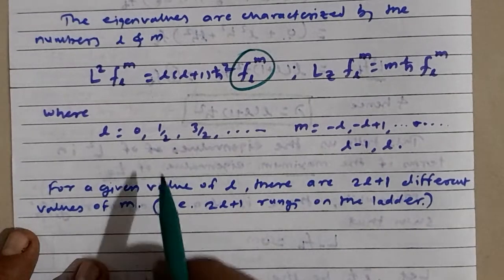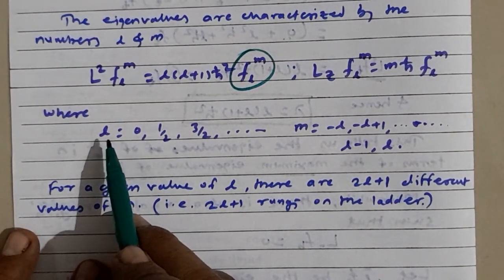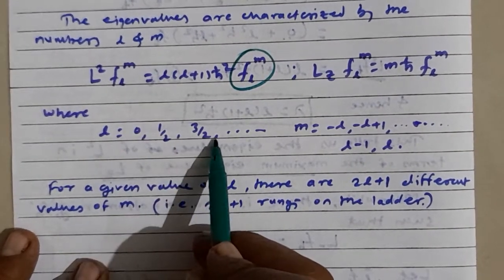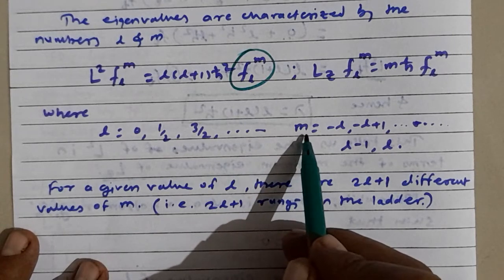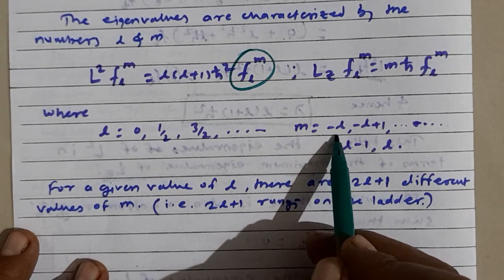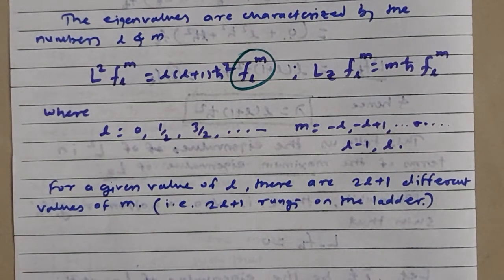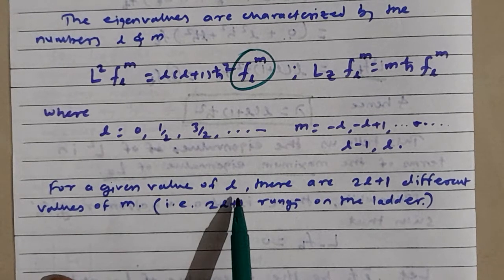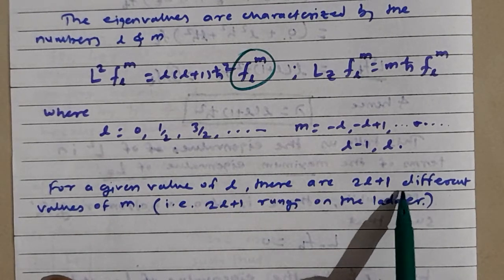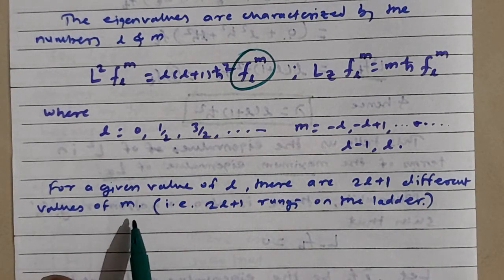Here the L value goes from 0, half, 1, 3 by 2, and so on, and the M values go from minus L to plus L in unit integer steps. So for a given value of L, there are 2L plus 1 different values of M, that is, 2L plus 1 rungs on the ladder.